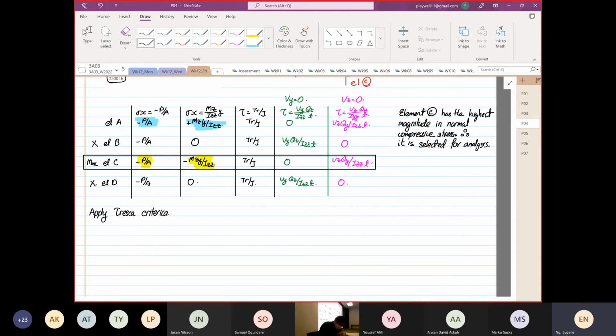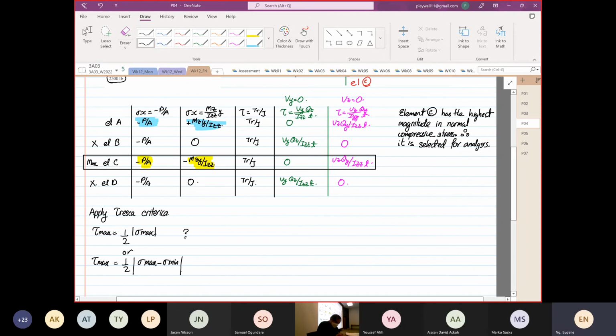The first form is maximum shear equal to half stress max, or we are going to use shear max is equal to half of stress max minus stress min.